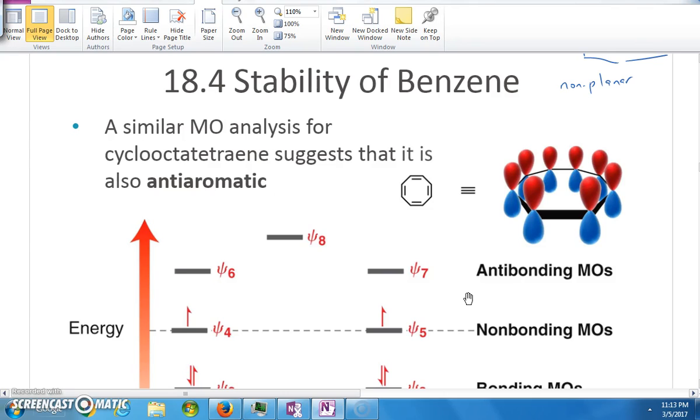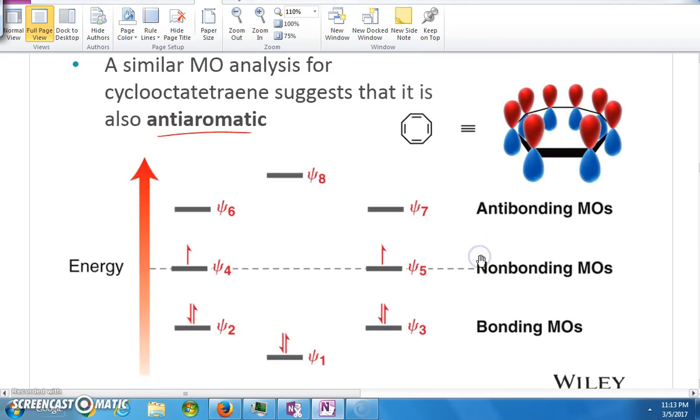So, even though we expect cyclooctatetraene to be anti-aromatic according to the molecular orbital theory, because if you analyze the molecular orbital energies, you'll find that you're going to have 2 unpaired electrons. I'm going to show you how to arrive at the energy levels.